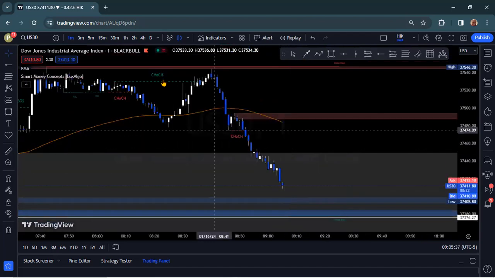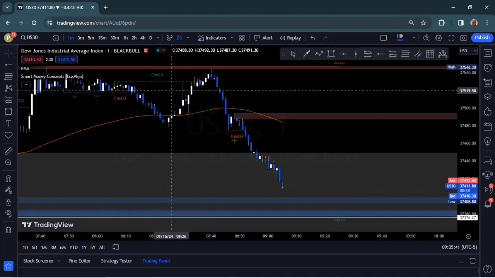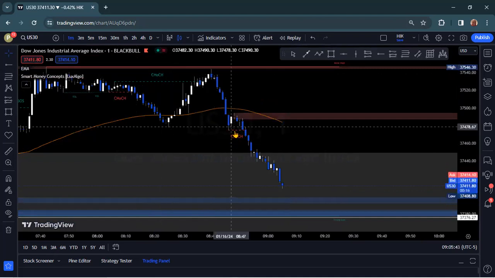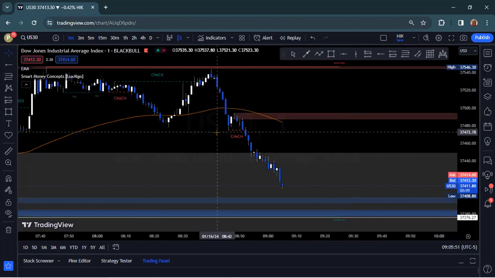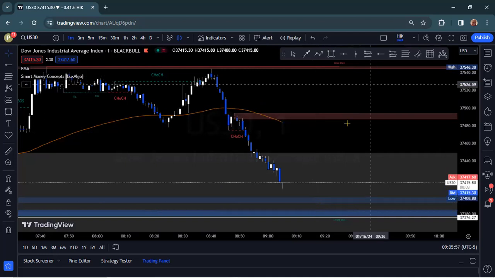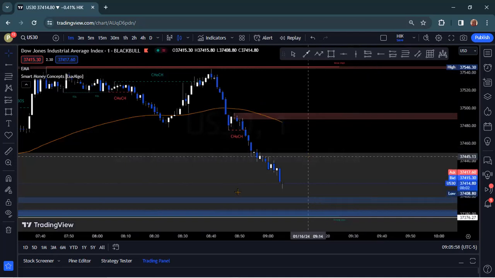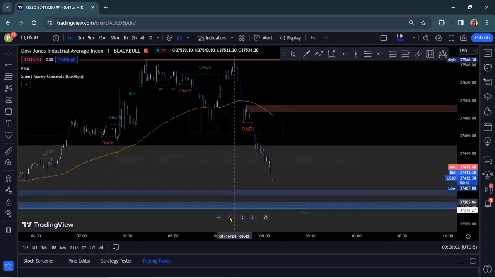Let's see, here it is. Change of character. You want to wait for this, but it also printed it over here. So you want to see this again when it goes back up. Once you see change of character, it's going to retrace and come back, and then trend higher. That's what I'm looking for, that's exactly what I'm waiting on.